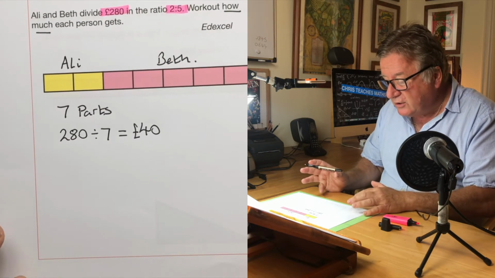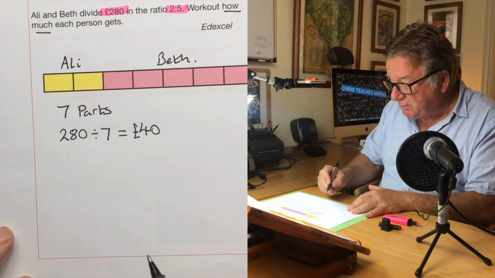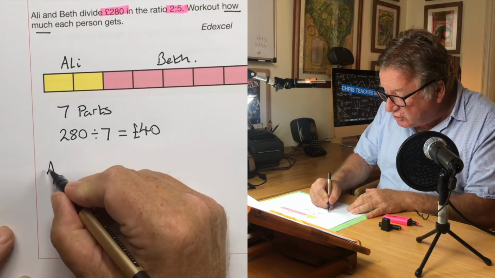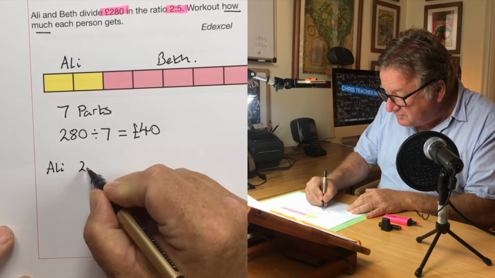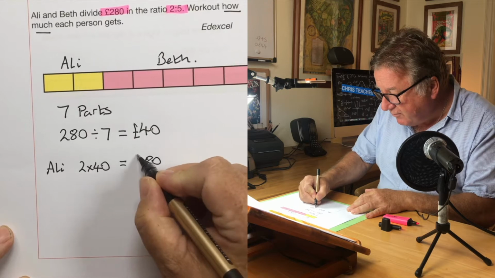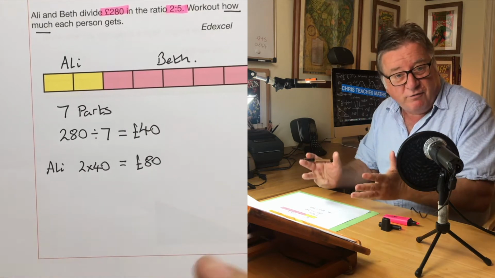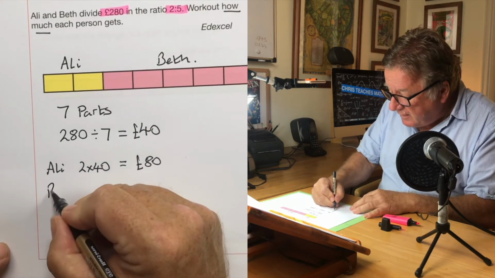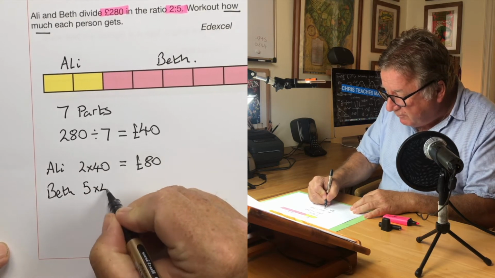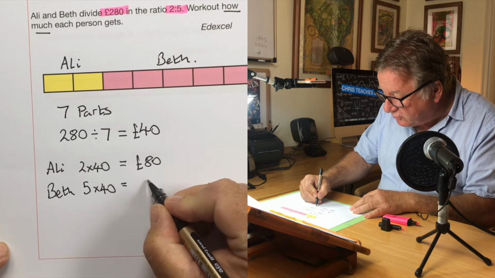If we look at the question, how much does each person get? Well, Ali is simply 2 times 40, which is £80. And Beth, she's got 5 parts. 5 times 40, which is £200.